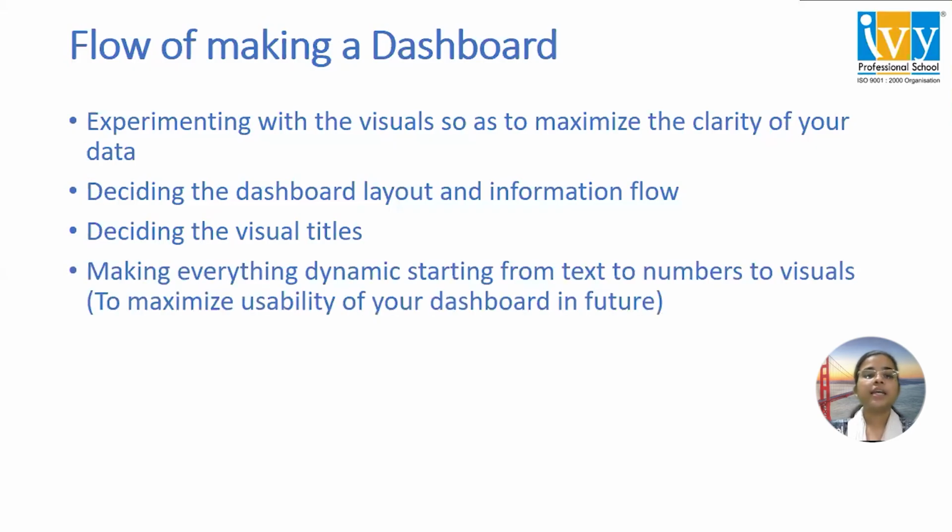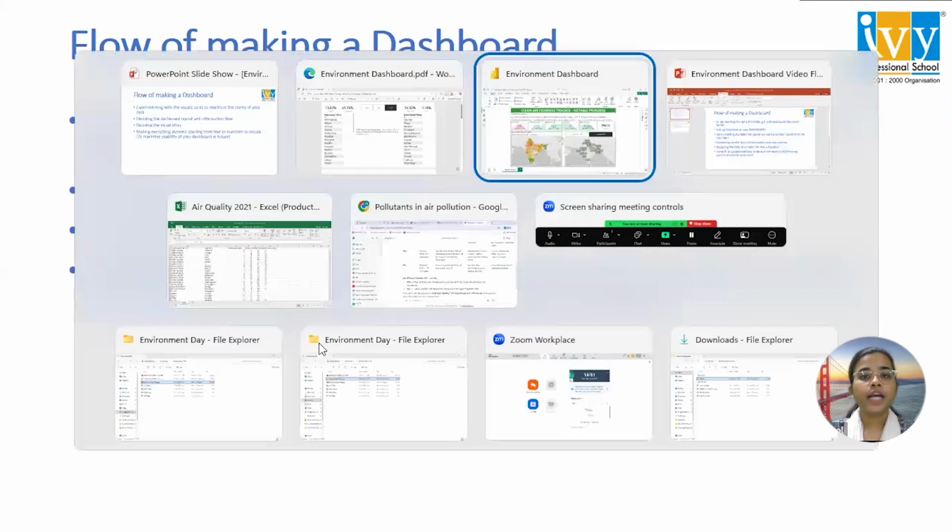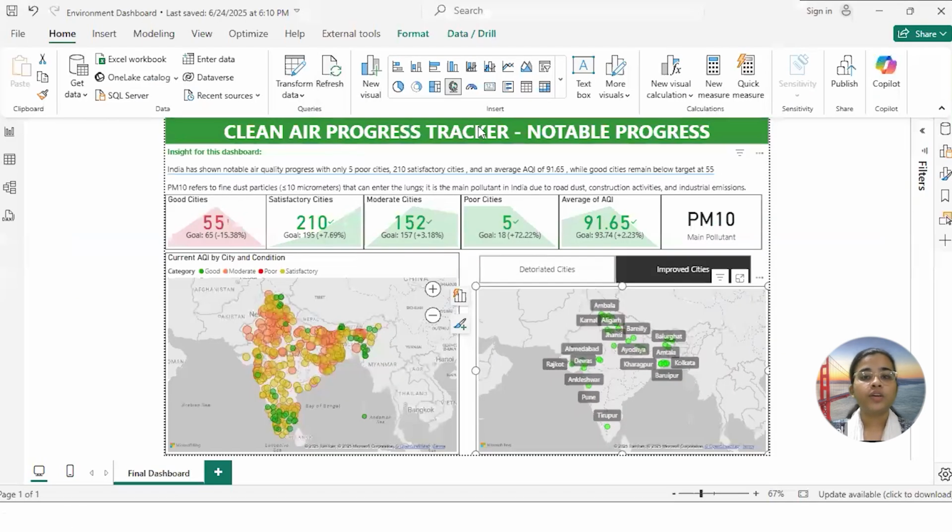Now, next thing comes is making everything dynamic, starting from text to numbers to visuals. What I mean by that is, in my dashboard, you can see over here, it is written clean air progress tag, notable progress. What if I give it a new data set of 2024 and in that year, the air progress has deteriorated? This title should change accordingly.